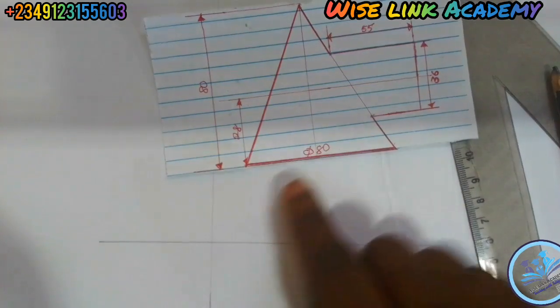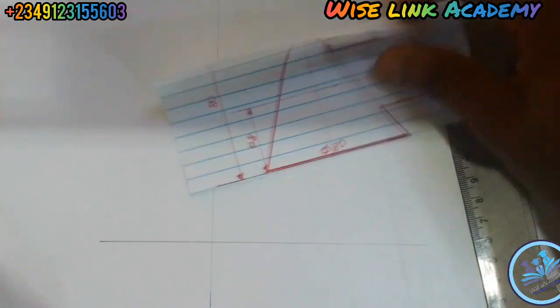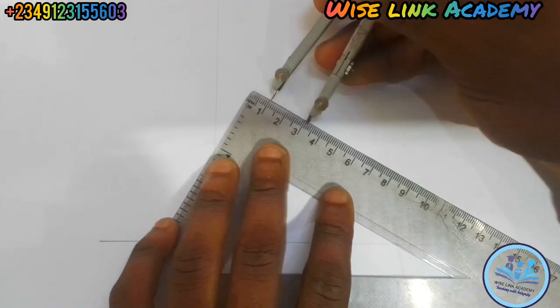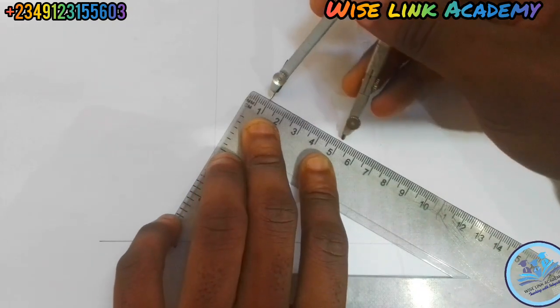The next thing to do now is to measure from this baseline center point. The diameter is 80, so I measure 40. This is my point 0. Let me assume this one is my 0. 1, 2, 3, 4, 40, and here.